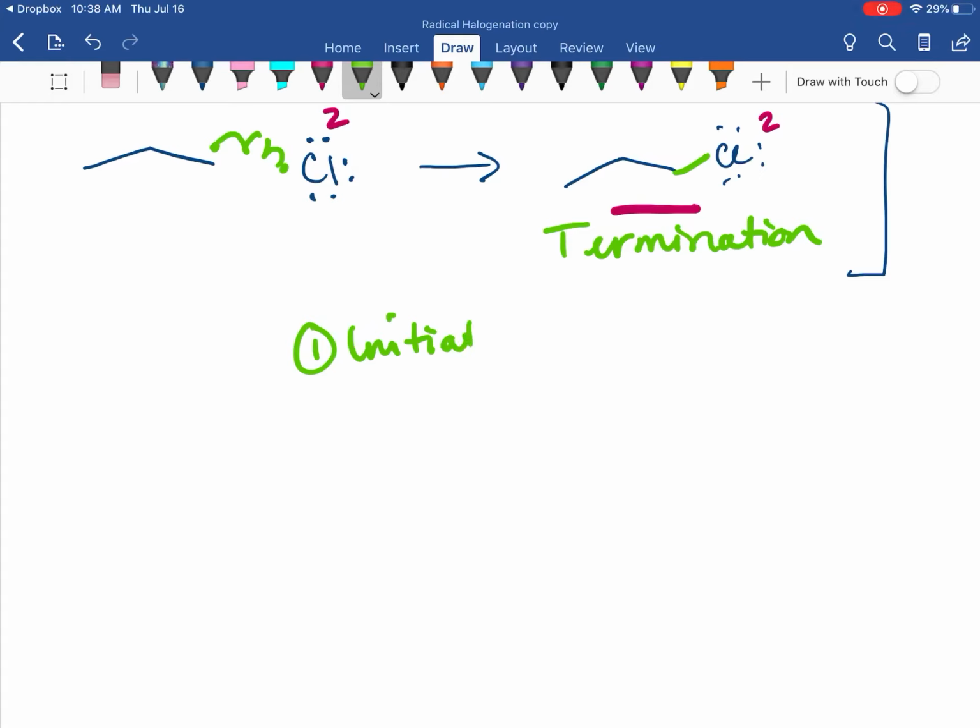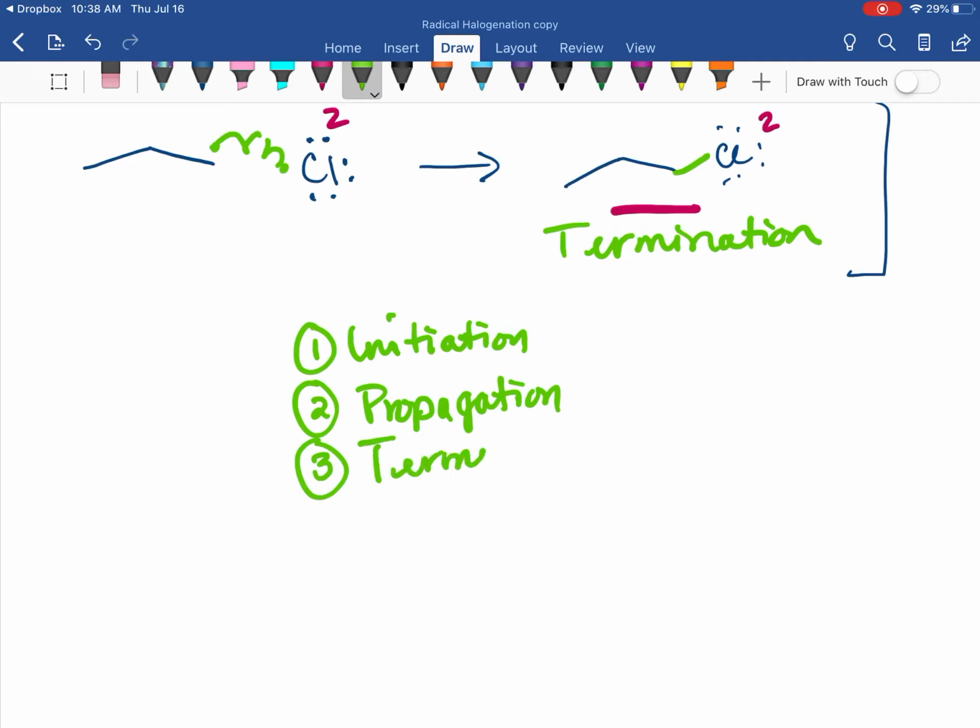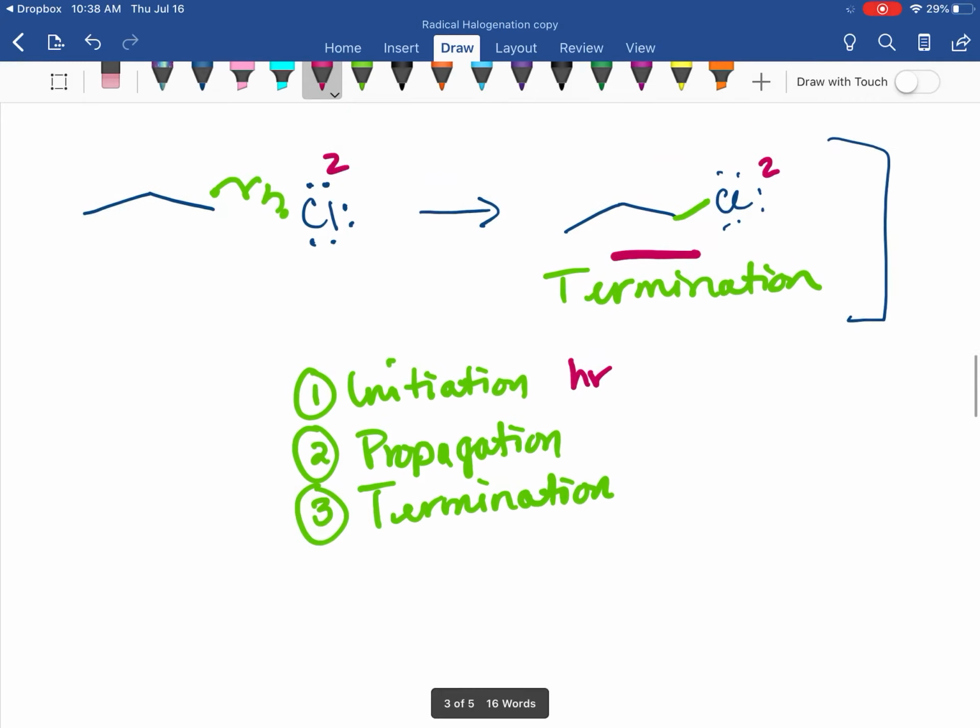Now, all radical reactions will have that process where there's an initiation, propagation, and a termination. So when you're drawing these mechanisms, make sure you have all 3. Your initiation, the most common initiation, is usually light, but you can have other initiators.